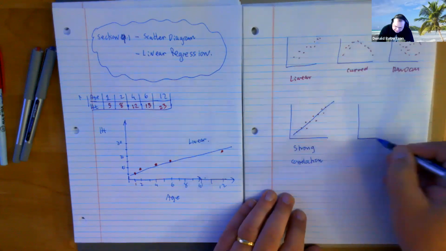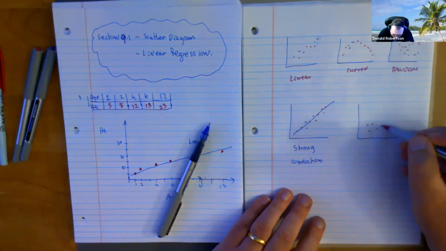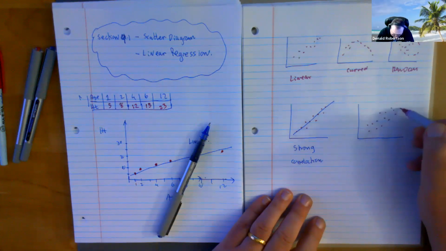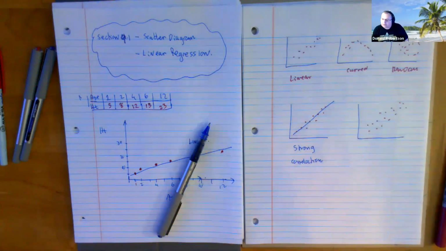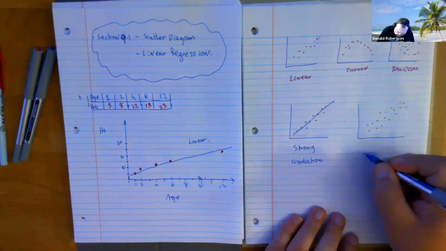If the data was linear, but much more spread out, as in this picture, then we would say that it was moderate.